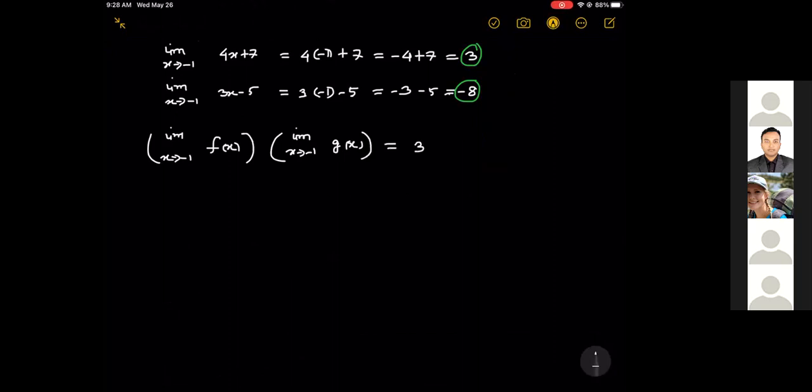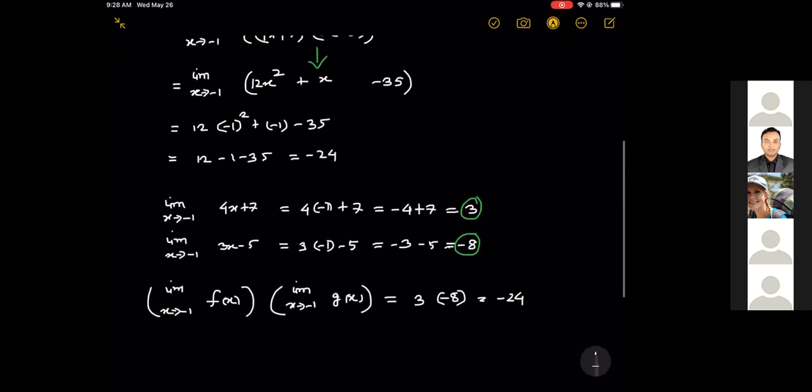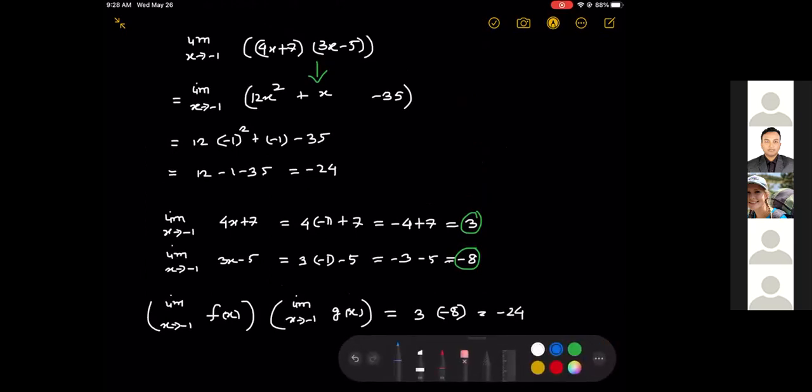It gives us 3 times -8, which is -24. And this is exactly what we had here.